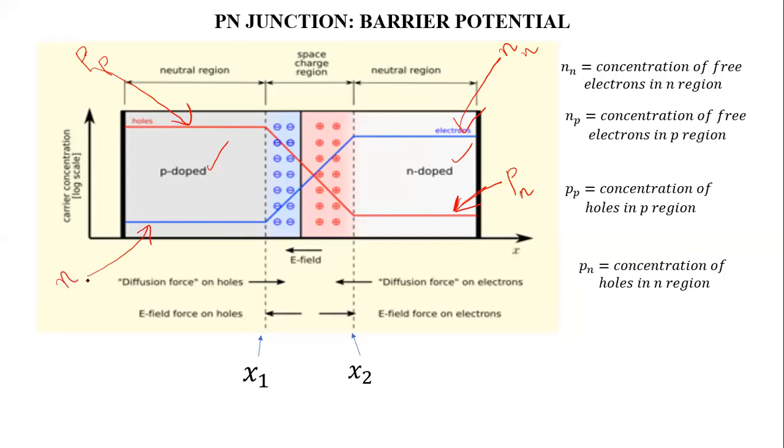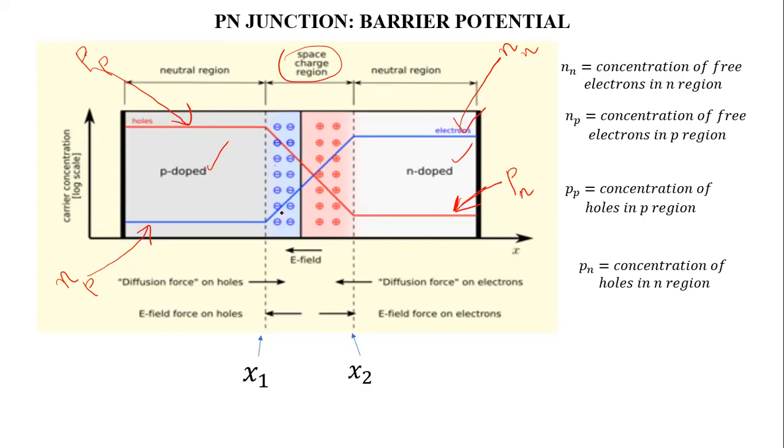Because of the difference in concentration, there is a diffusion, and the diffusion results in the formation of the space charge region, where on the n side, those pentavalent atoms donate their extra electron to the trivalent atom on the p side, thereby transforming the pentavalent atoms into positive ions and trivalent atoms into negative ions. So there is a space charge region.